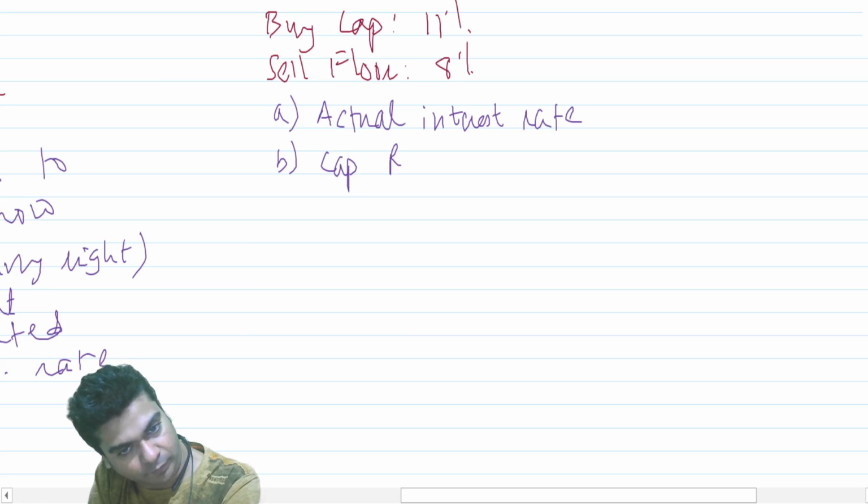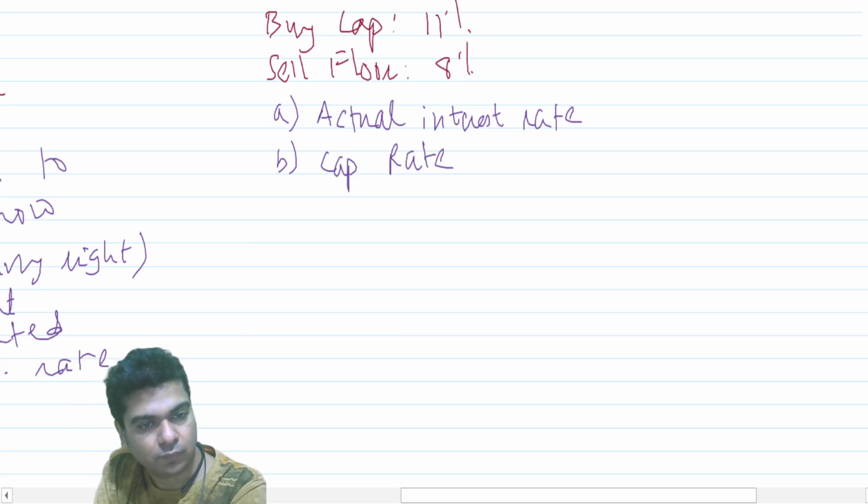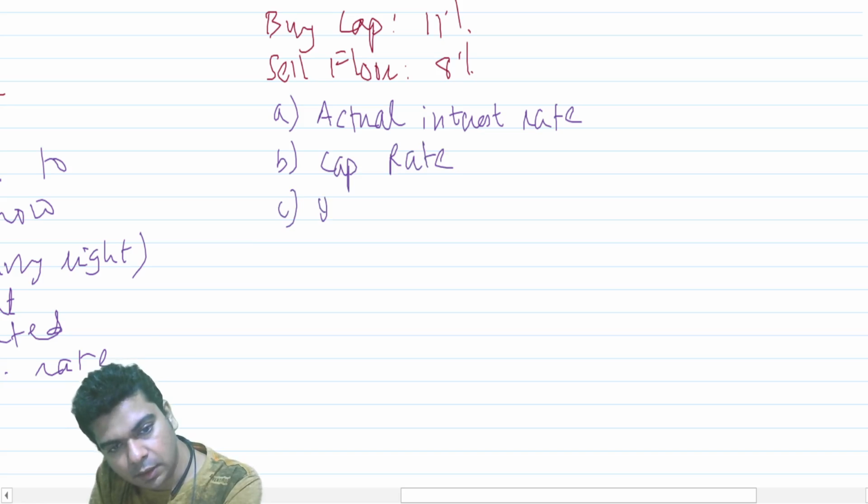Actual interest rate, cap rate, is cap exercised.